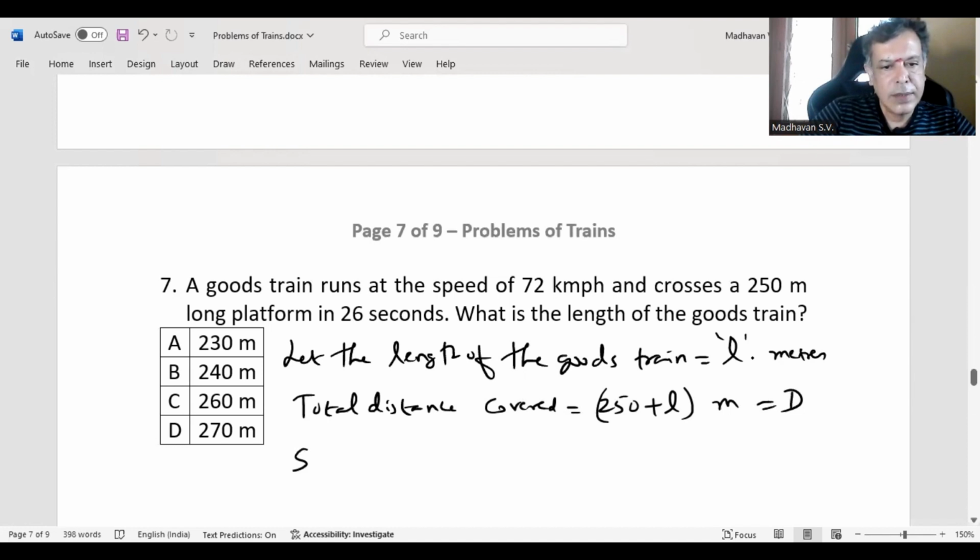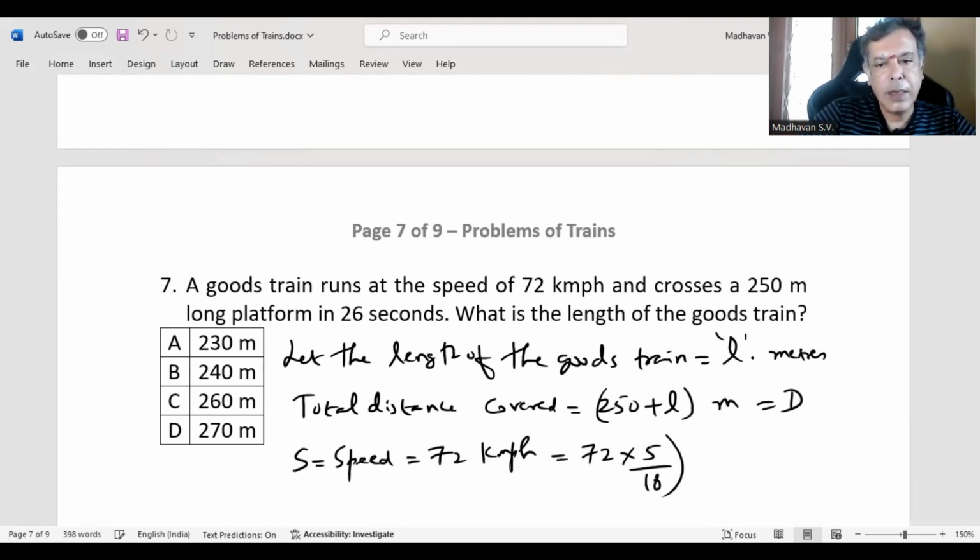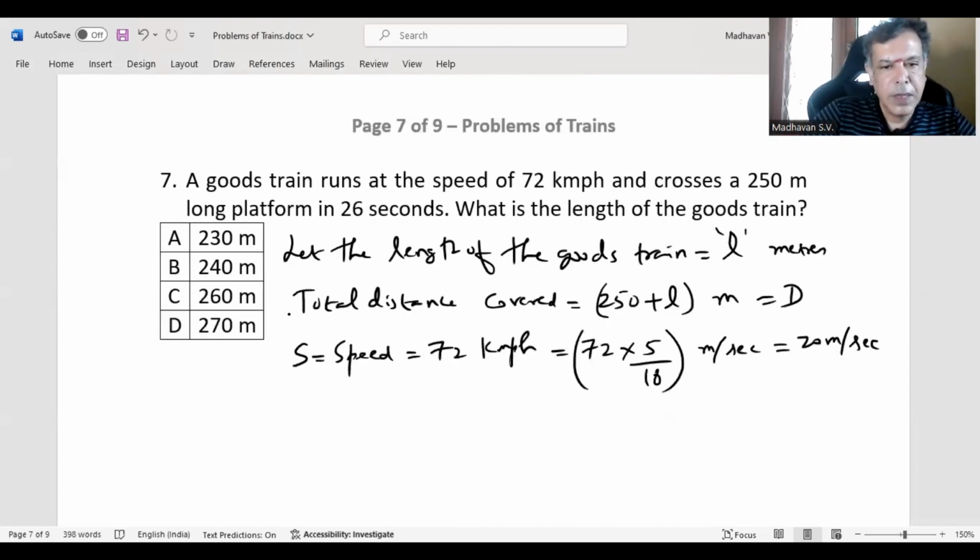Now, S is speed, that is given as 72 kilometer per hour. We'll convert that into meters per second. So 72 into 5 by 18 meters per second. And if we calculate that, we will get 20 meters per second. So time given in the question is 26 seconds.